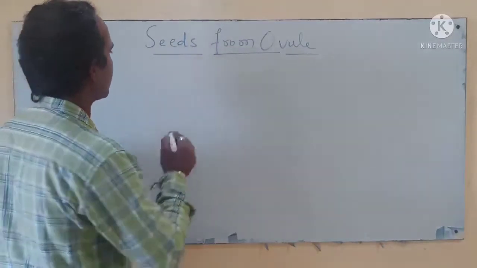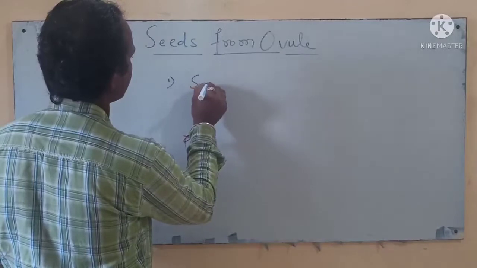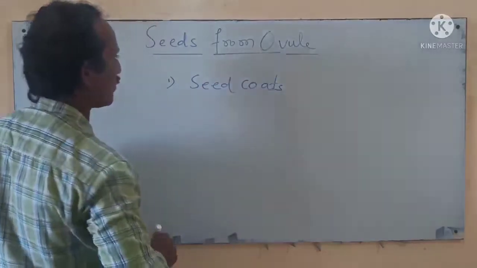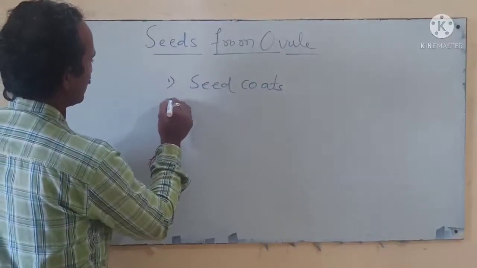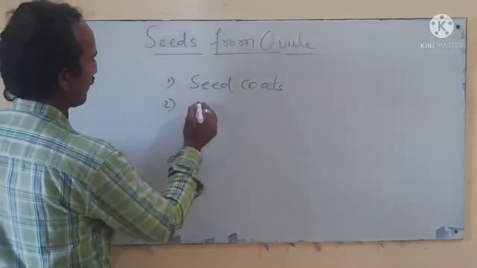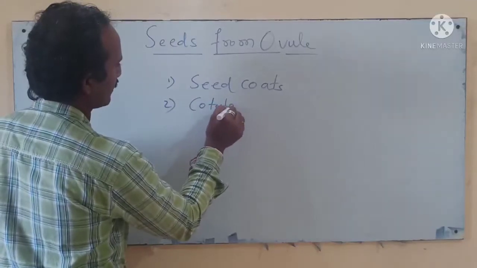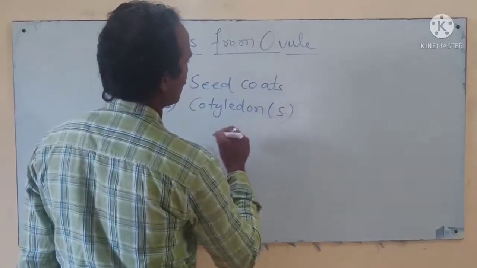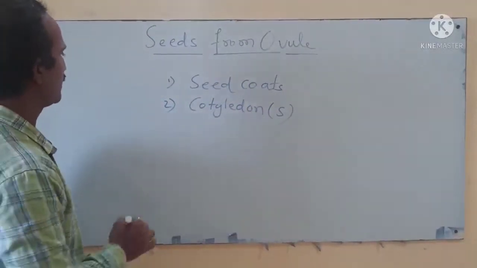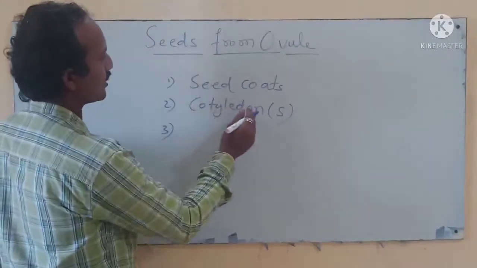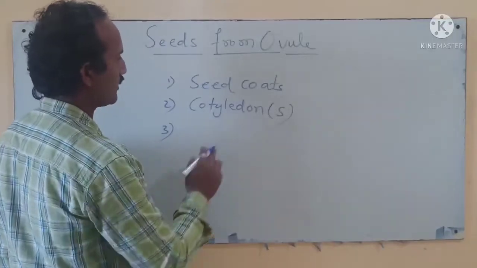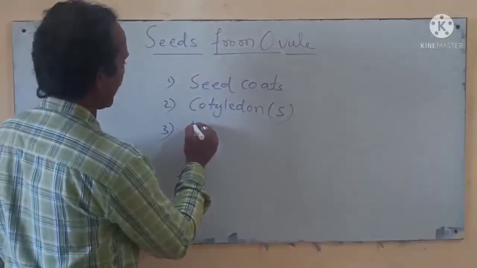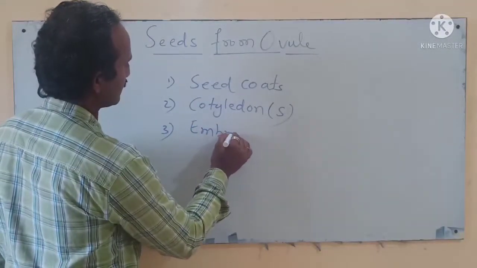So the seed contains three parts: the seed coats, which are two, then the cotyledon or cotyledons. In a monocotyledon there is only one, while in dicotyledons two cotyledons are present. Then the embryonal axis.